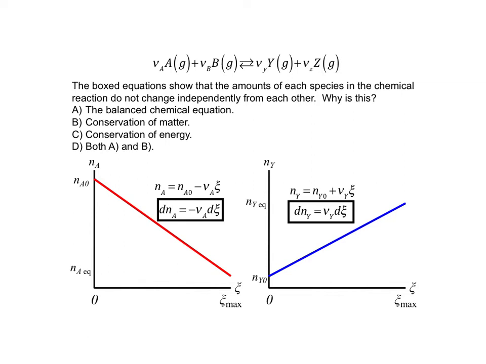Our options are the balanced chemical reaction, conservation of matter, conservation of energy, or both A and B. Well, the answer really is A and B, and that's just because B tells us that A has to happen. If we didn't have conservation of matter, we wouldn't have balanced chemical reactions.